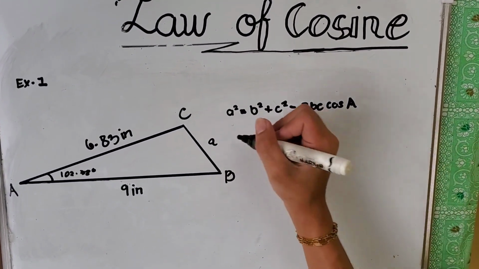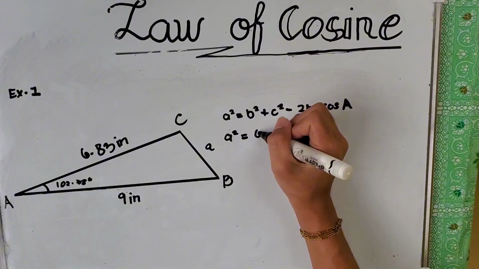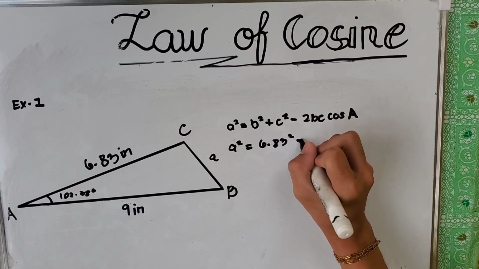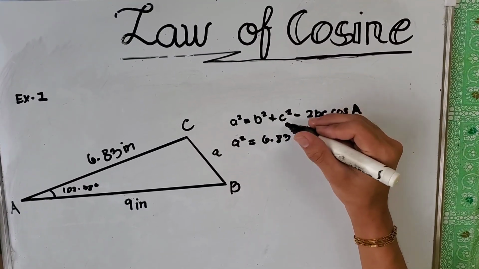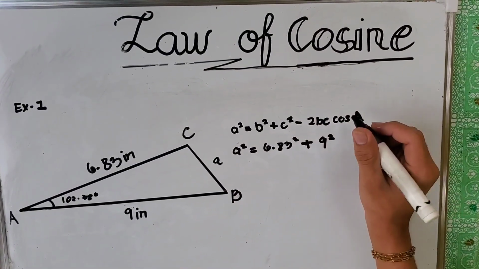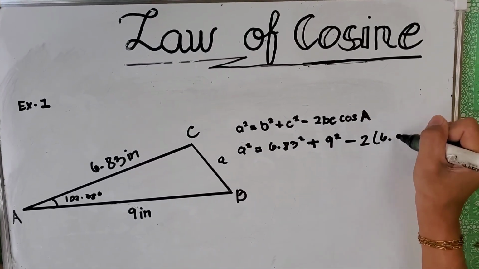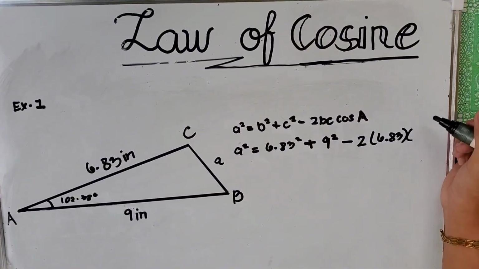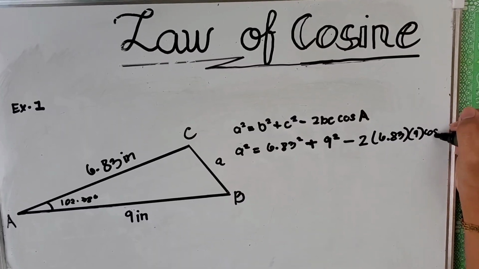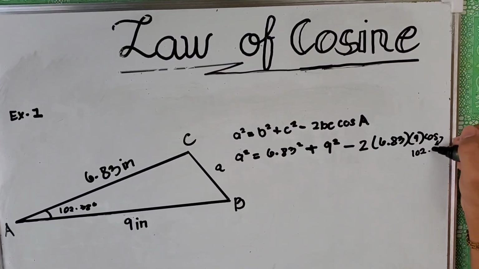Next is to substitute: a squared is equal to the value of b, 6.83 inches squared, plus c, which is 9 inches squared, minus 2 times b, which is 6.83, and c, which is 9, multiplied by cos of the value of A, 102.38 degrees.